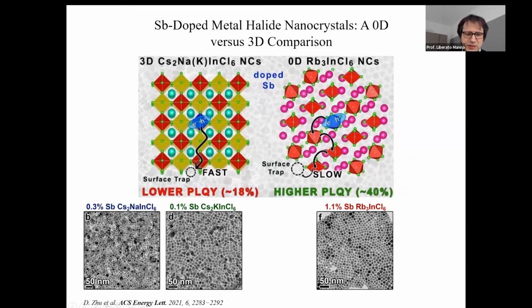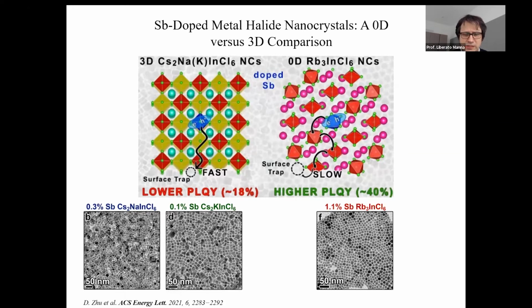The PLQYs of the respective nanocrystals are shown below for the case of this low level of antimony dopant, in the range of 0.0103% for the double perovskite, and 1% in the case of the 0D rubidium indium chloride. What we found was that invariably in the 0D system, the PL quantum yield is always higher.